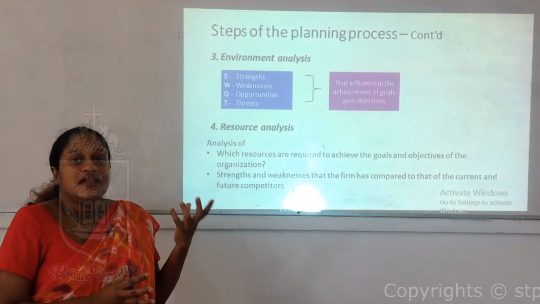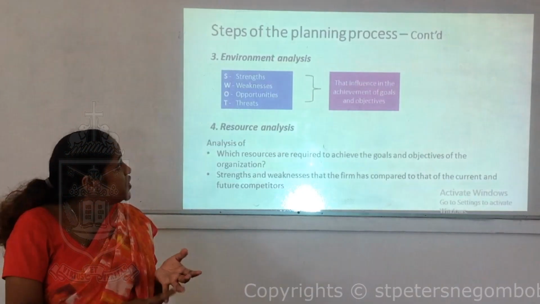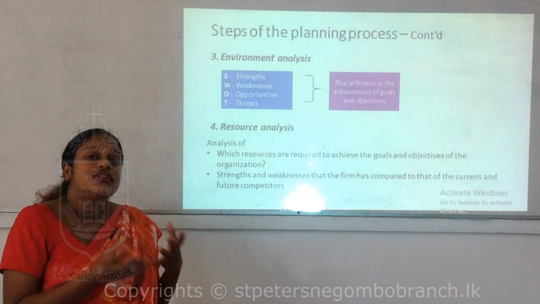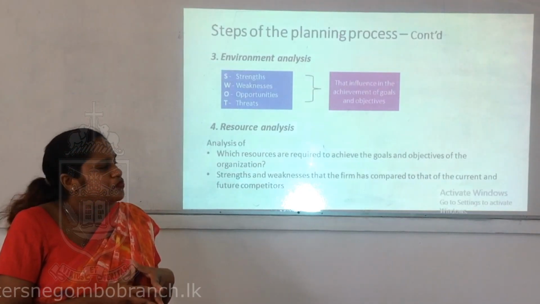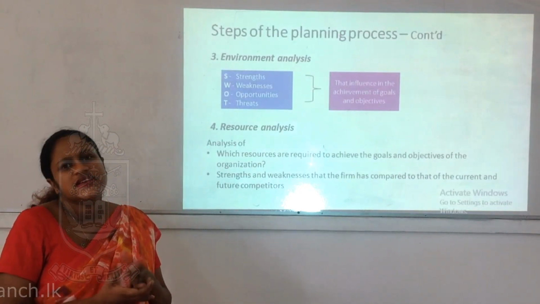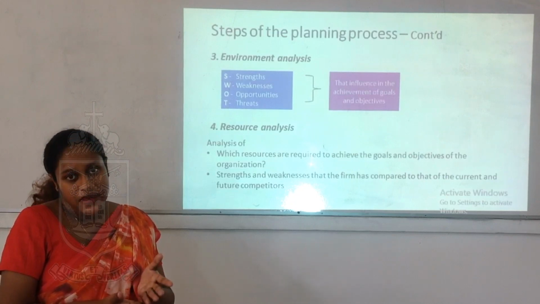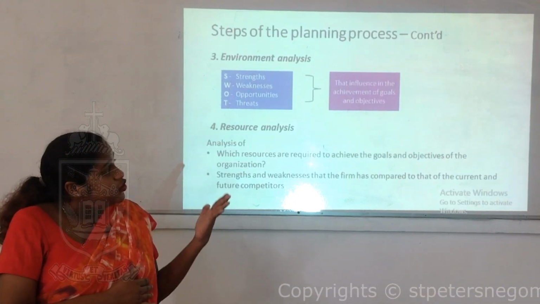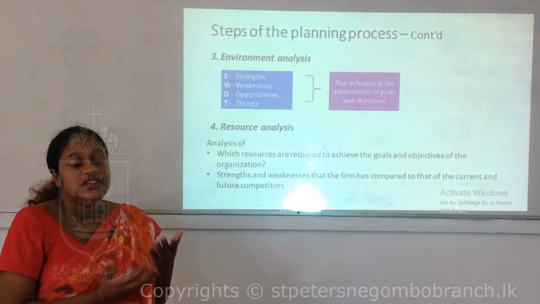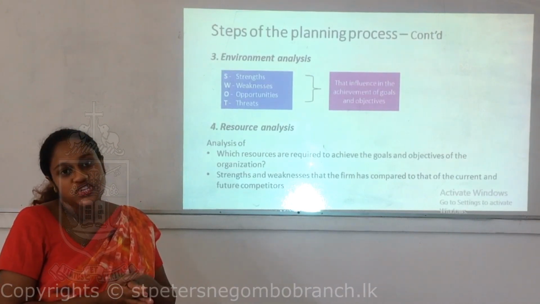But if it is something that is happening internally, like a strength and a weakness, then the organization can take steps internally to control that. Okay? But it's different when it comes to the external environment impacts. These things can actually influence the achievement of goals and objectives.